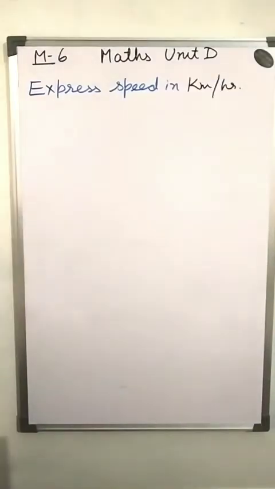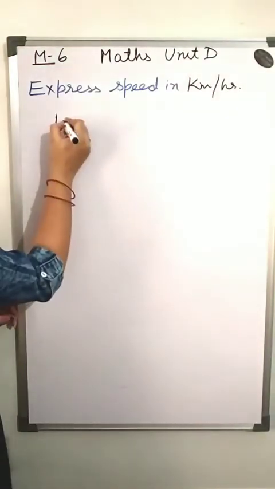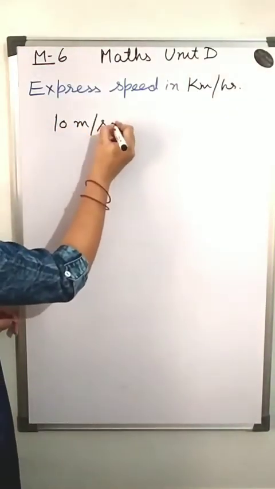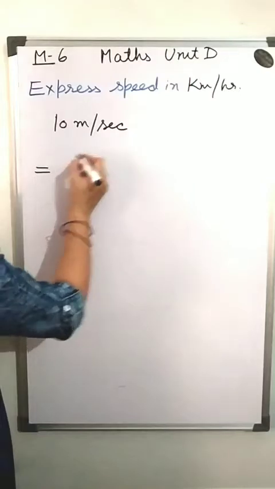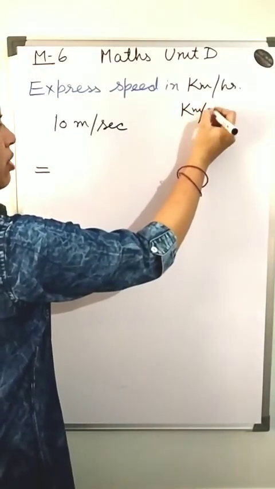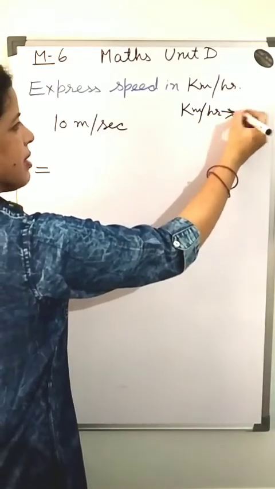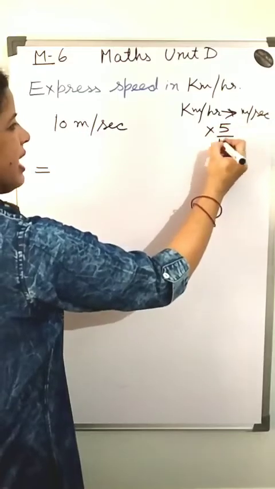Okay. Express speed in kilometer per hour. Suppose you have a number 10 meter per second and you want to convert this number into kilometer per hour. So what do you do here? As I told you, to convert kilometer per hour to meter per second, you multiply the number by 5 upon 18.